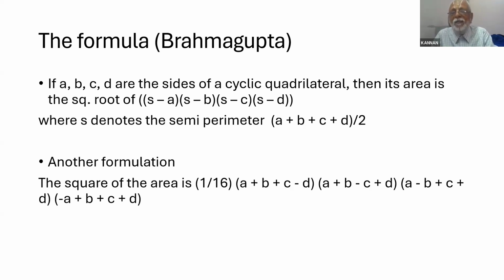Take the four quantities (A plus B plus C minus D) by 2, (A plus B minus C plus D) by 2, (A minus B plus C plus D) by 2, and (minus A plus B plus C plus D) by 2. Multiply them. That becomes the square of the area. This is another way to state the formulation.